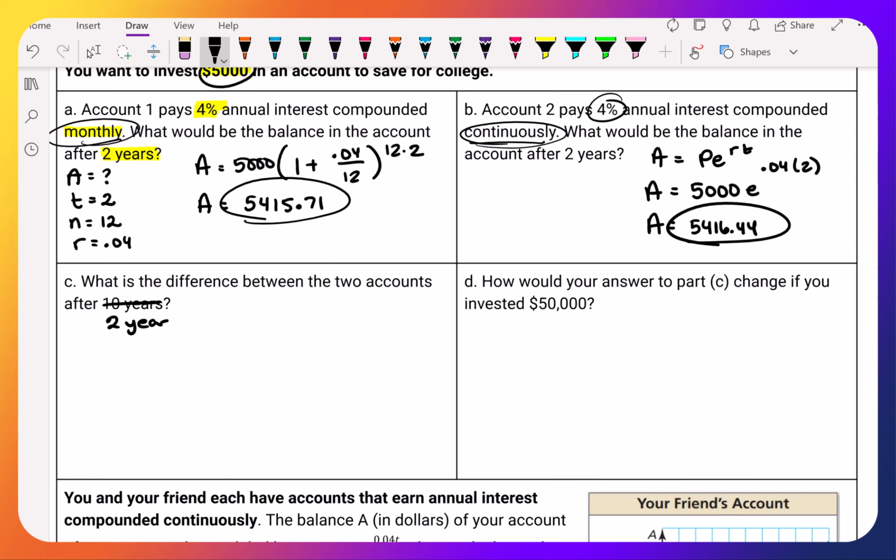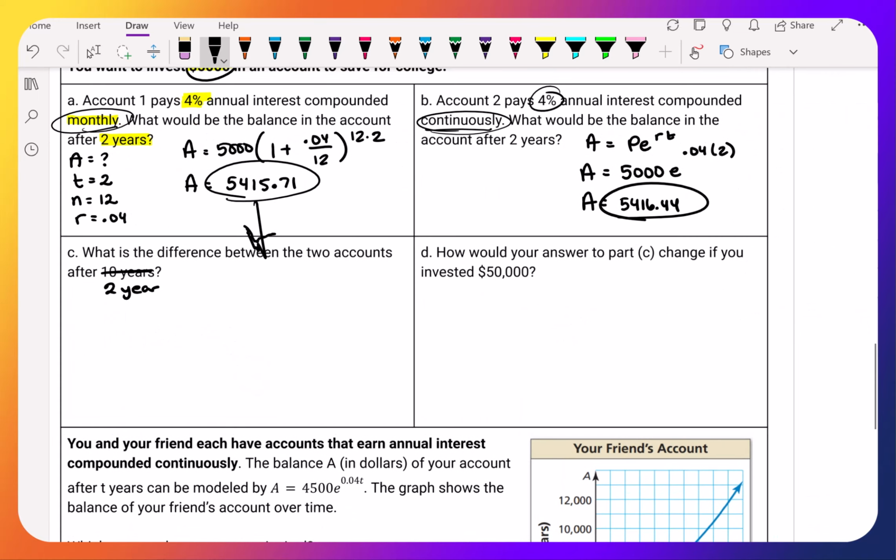Subtract this number and this number right here. Like that. You always want to write the biggest number first, and then you wind up with a grand total of 73 cents difference between the two.